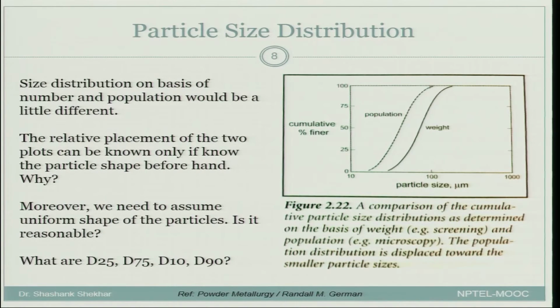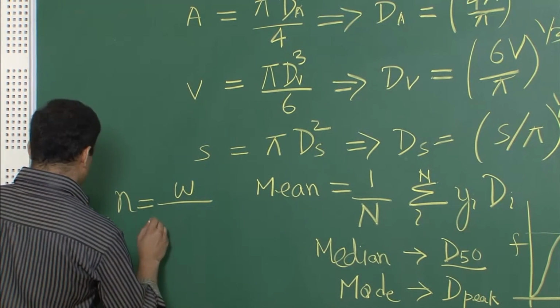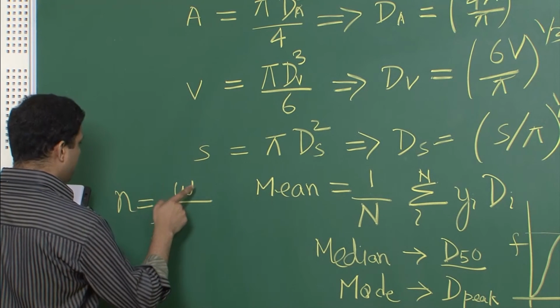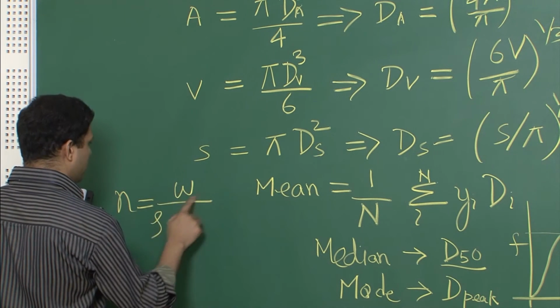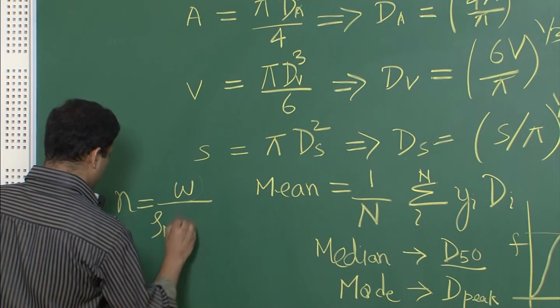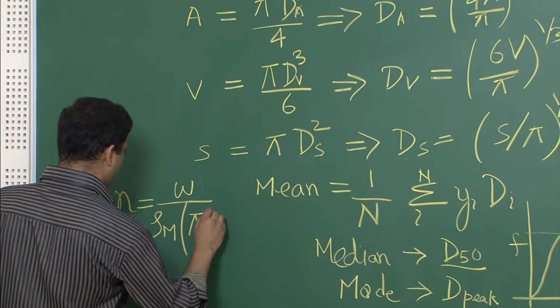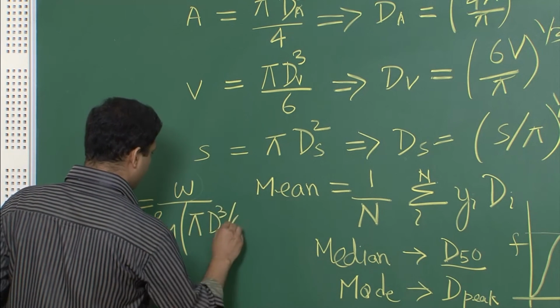You remember we talked about a relation where if n is the total number, and W is the weight of that particular mass, then the number of particles in that weight is given by W over pi d cube by 6.